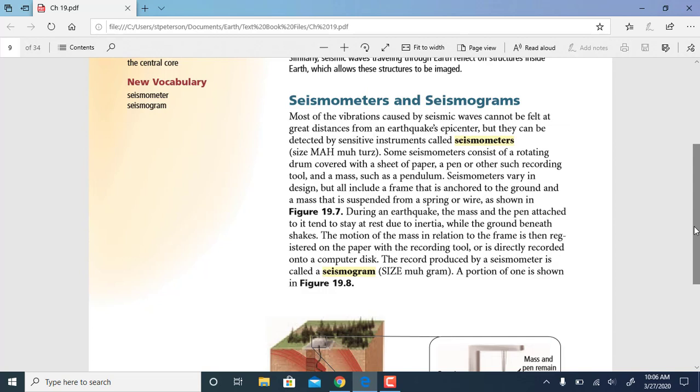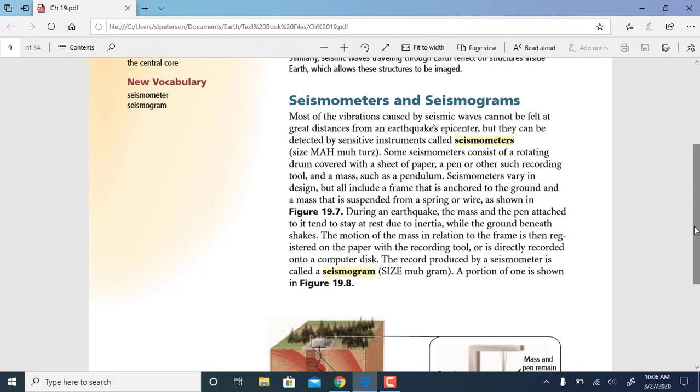Seismometers vary in design, but all include a frame that is anchored to the ground and a mass that is suspended from a spring or wire, as shown in figure 19.7. During an earthquake, the mass and the pen attached to it tend to stay at rest due to inertia, while the ground beneath shakes. The motion of the mass in relation to the frame is then registered on the paper with the recording tool or is directly recorded onto a computer disk.